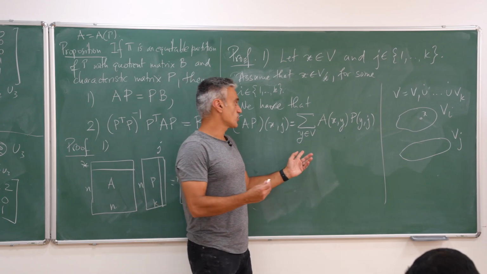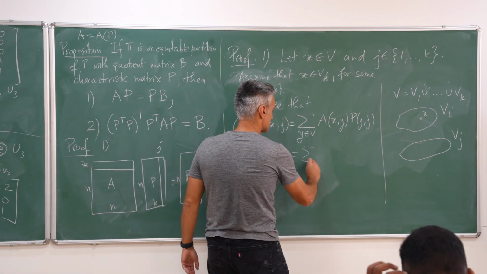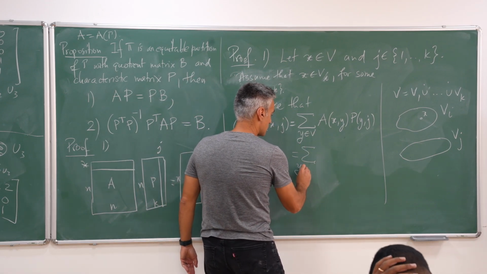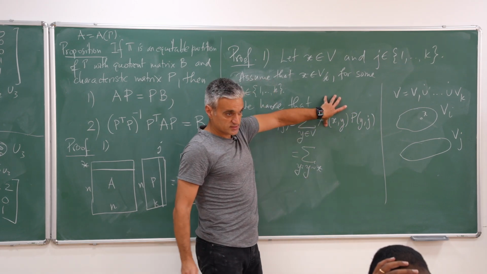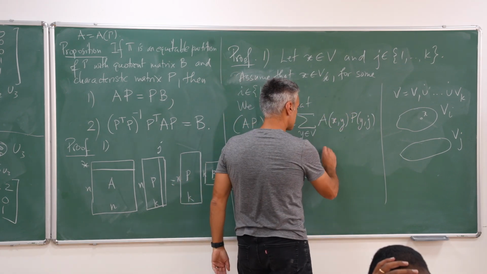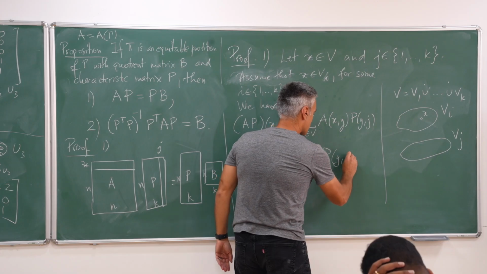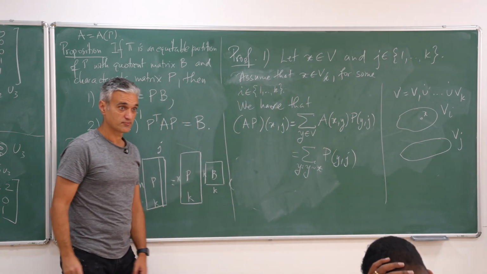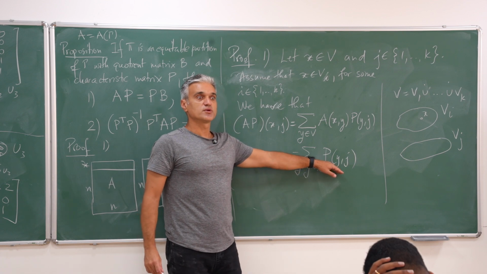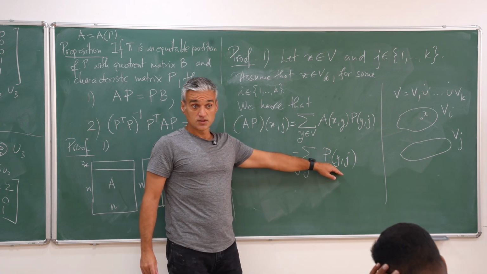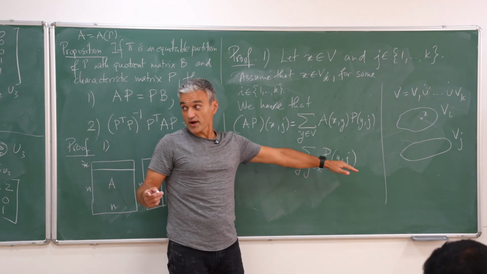When y is adjacent. So I can change that to summation over all y adjacent to x, and I get rid of this. So let's do it in these steps. PYJ. And now, when is this going to be 1? When y is in Vj.